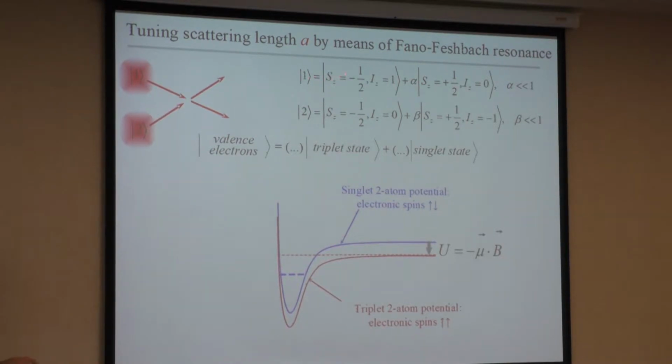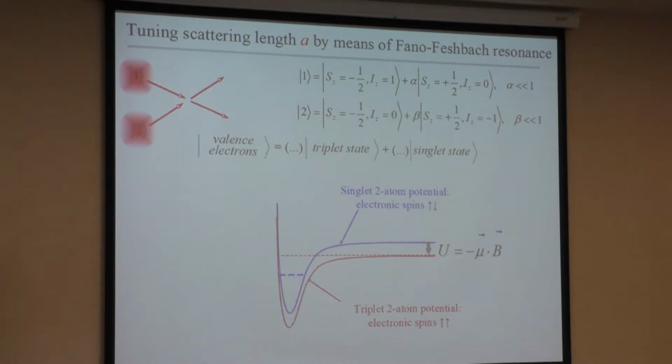In state 1, this is that stretch state which I announced before, plus a small admixture of an orthogonal state, opposite spin plus another projection of a nucleus. Same in state 2. And this tiny admixture of other states is the key to tuning the interactions.